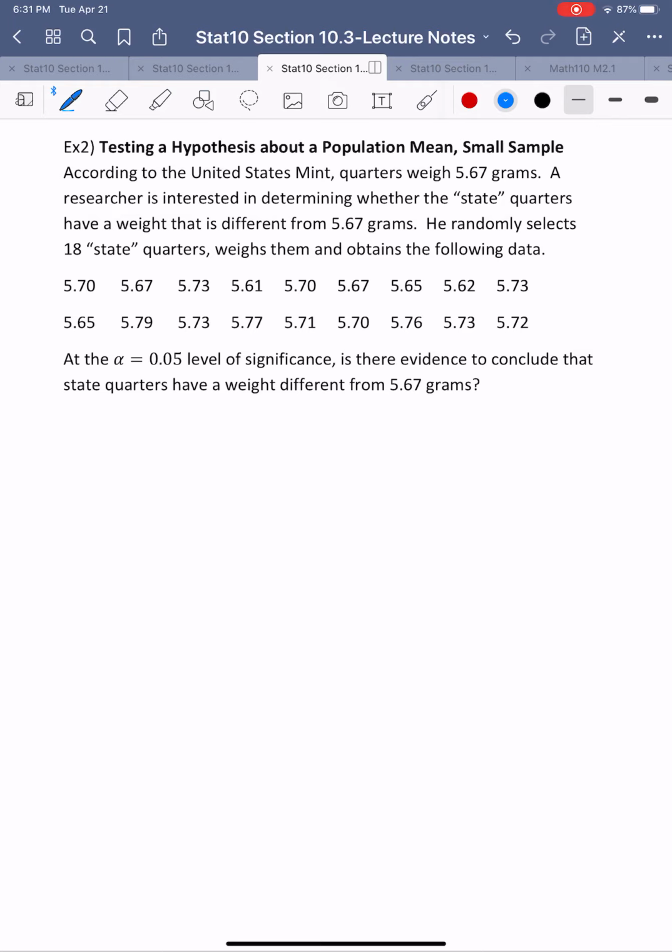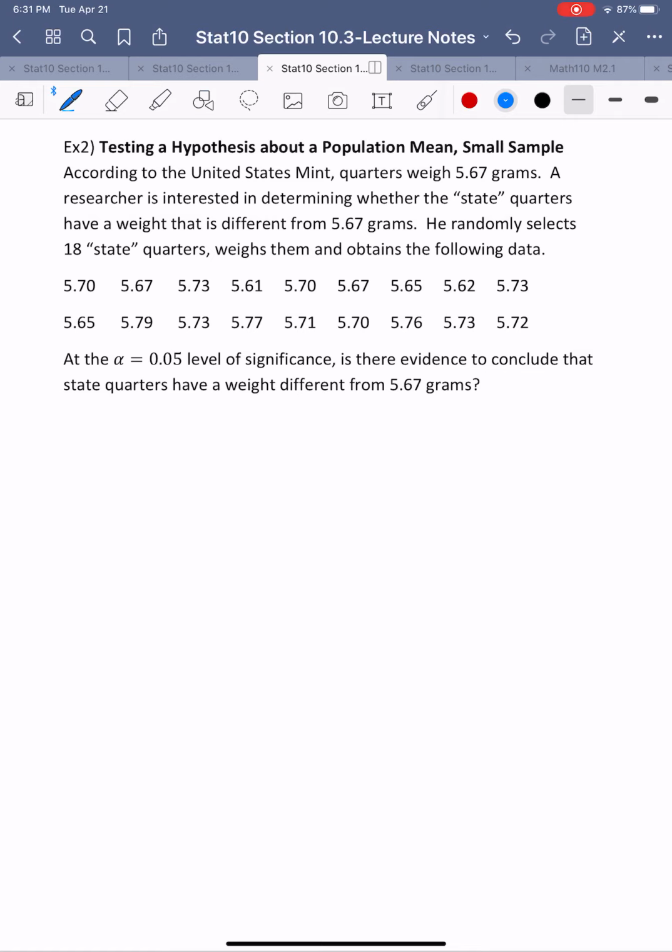He randomly selects 18 state quarters, weighs them, and obtains the following data. So those are the data we have. At the alpha equal to 0.05 level of significance, is there evidence to conclude that the state quarter has a weight different from 5.67 gram? So yeah, we are using those, okay?